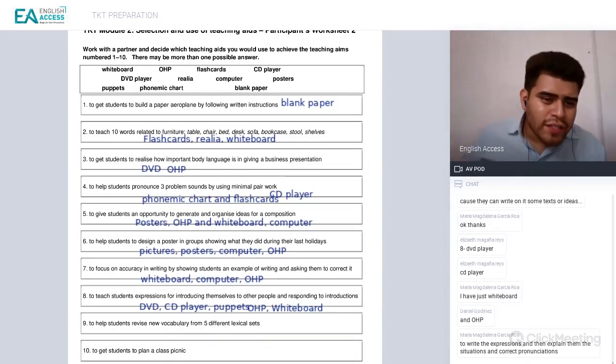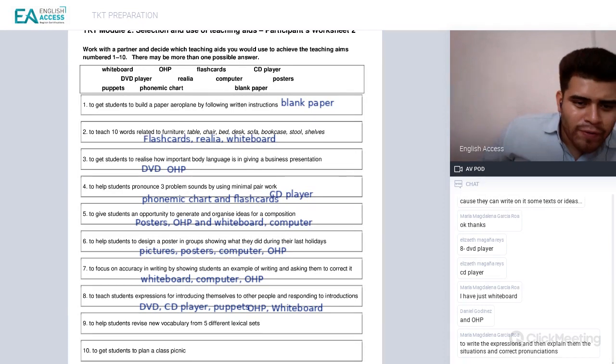And number 9, to help students revise new vocabulary from 5 different lexical sets.